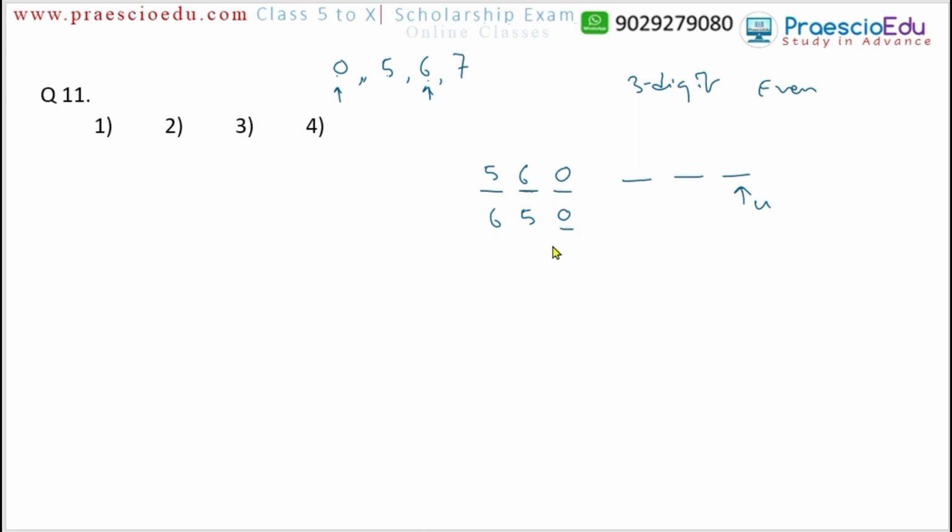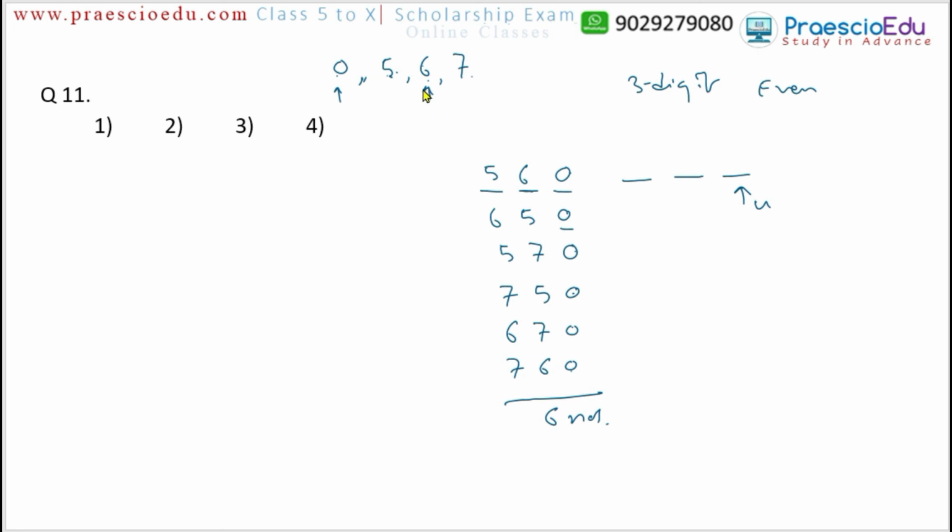Then again with the 0, take 5 and 7, and with the interchange, 7, 5 and 0 comes. Then 6 and 7, then 0, then 7 and 6 and then 0. After this one we could not find any more. So 1, 2, 3, 4, 5 and 6. So total 6 numbers we can make.